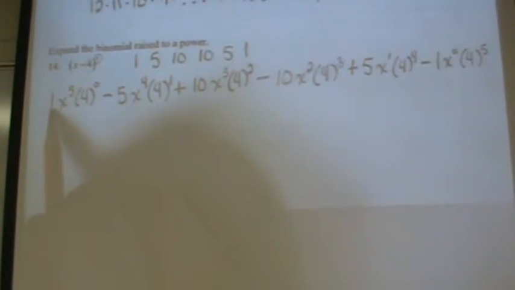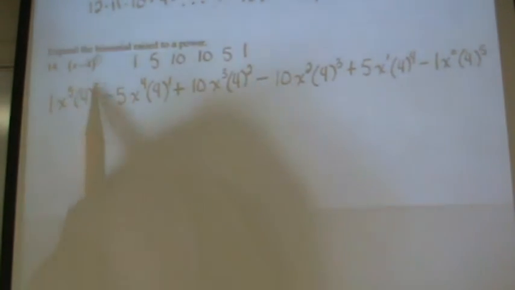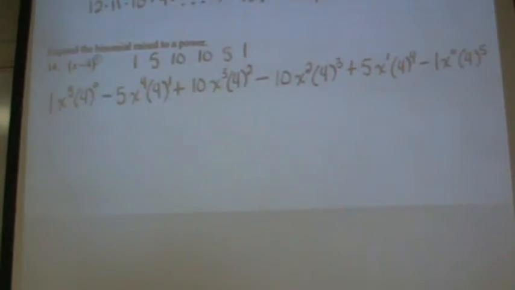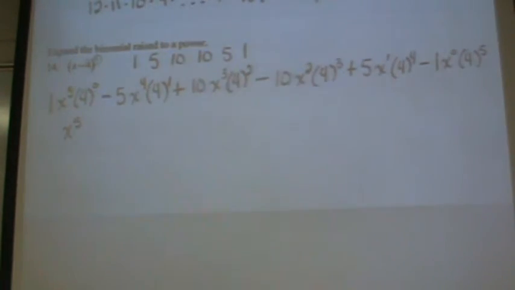So now we need to simplify this. So for our first term, we have 1 times x to the 5th times 4 to the 0 power. 4 to the 0 power is 1. So you have 1 times x to the 5th, which gives you x to the 5th.